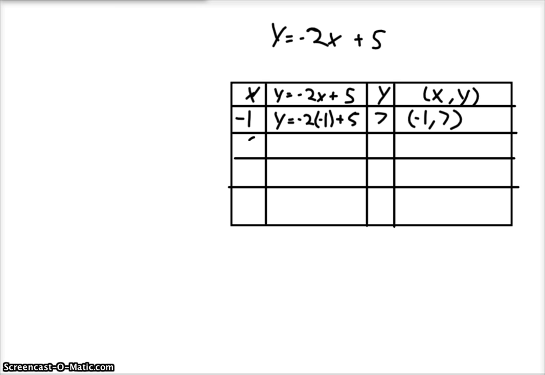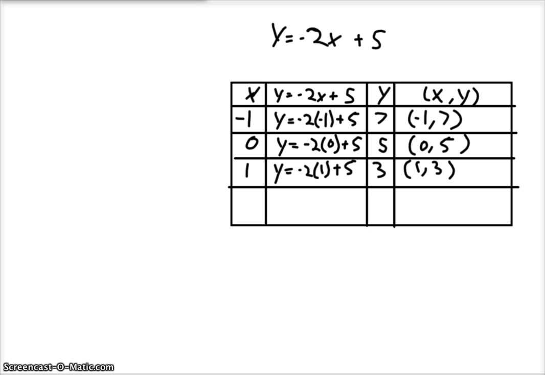I'm going to try 0. So I have y equals -2 times 0 plus 5. -2 times 0 is 0, so we're just left with 5. 0, comma 5. Now I'm going to try 1. y equals -2 times 1 plus 5. -2 plus 5 is positive 3. So I have 1 comma 3.